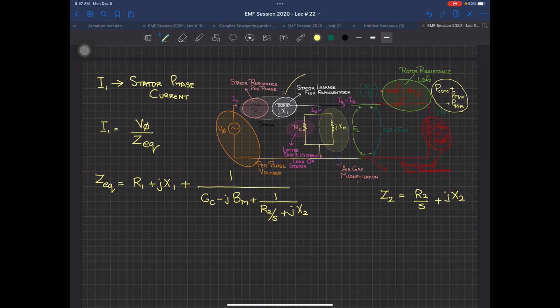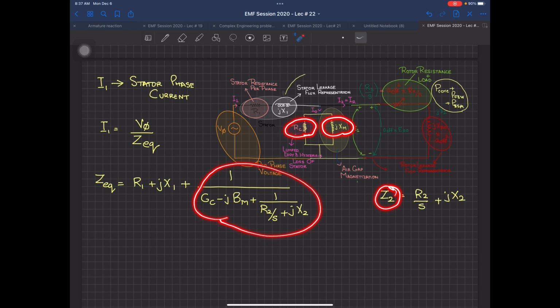I guess I don't need to prove this one. You can do it yourself, because here they have converted RC into conductance and JXM into JBM susceptance. When you take the parallel combination of this conductance, this susceptance and Z2, this is going to be your final expression. I am not proving it here. Since you have done CAD, you can prove it very easily.